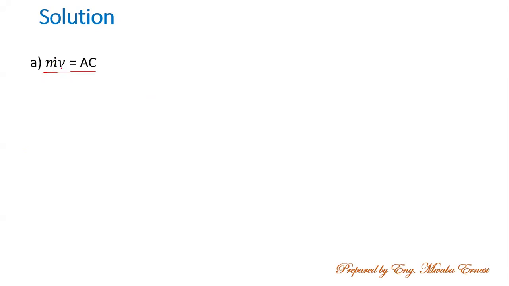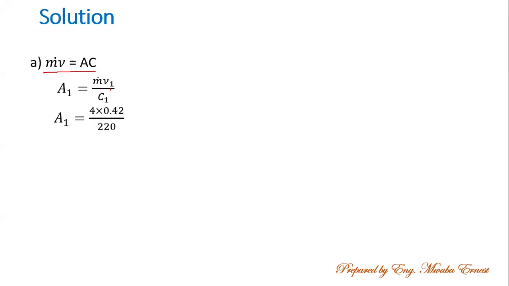So the mass flow rate is the same, while the specific volume, the cross-section area and the velocity will change. So we'll alter them. For the inlet section, we'll use subscript 1, only for these. We cannot do it for the mass flow rate because it is constant for both section 1 and section 2. With this in mind, we can now do the substitution.